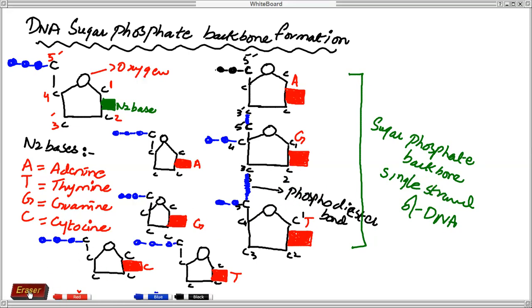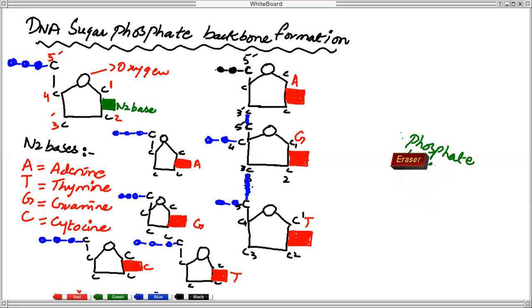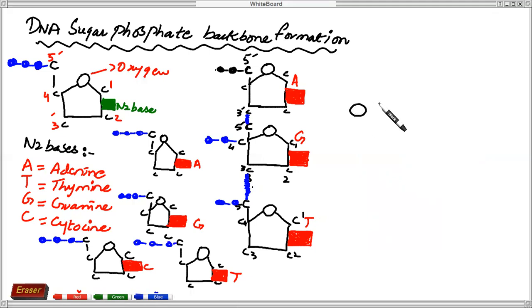How does this form? Let's see. Same with these nucleotides. ये उल्टे बनेंगे. That means the structure is the same, but the third carbon is on the top.